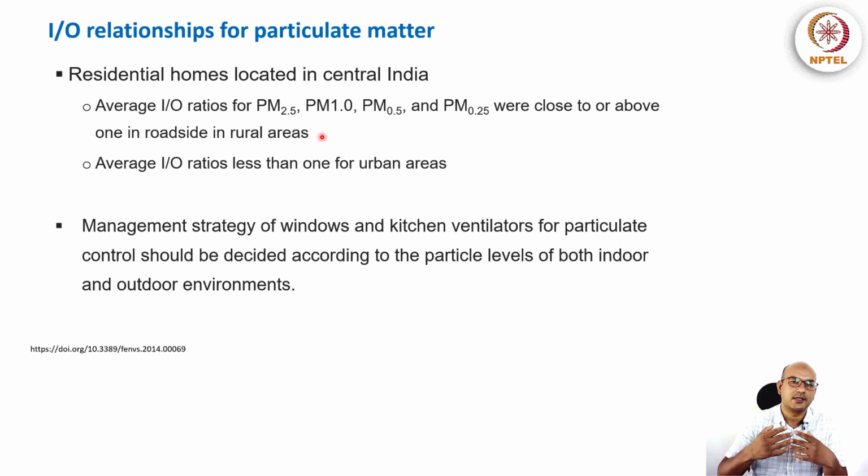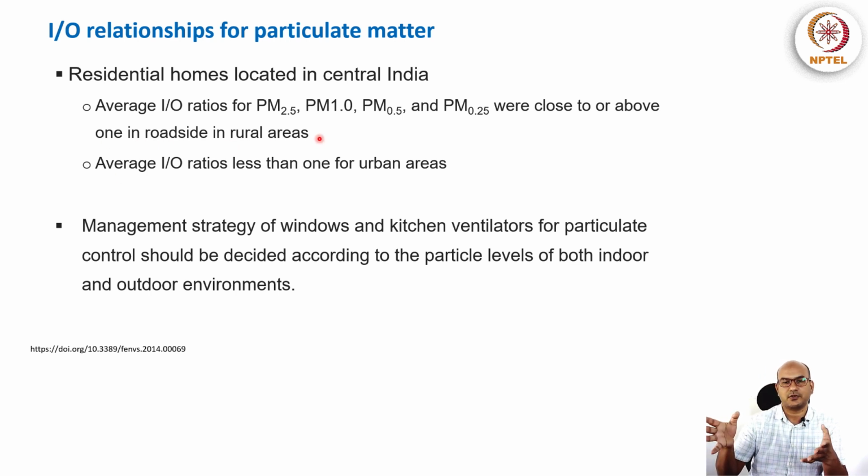Now in rural areas also the cooking will be such as burning of wood or use of less efficient stoves, so the PM emissions will probably also be there. Therefore, it has been found that the I by O ratios will be close to or above 1 in the roadside rural areas.